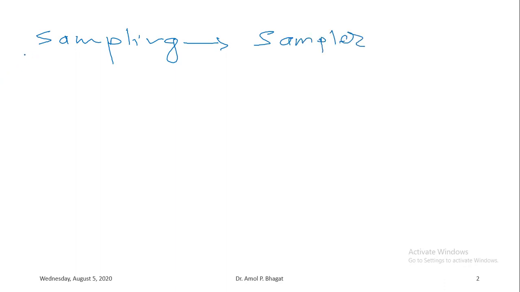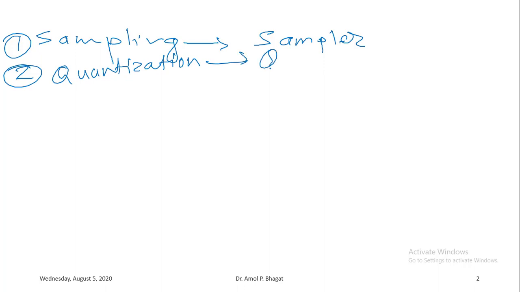In the analog to digital conversion process, there are three basic steps. The first one is called sampling, which is performed by a device called a sampler. The second step is called quantization, which is performed by a device called a quantizer.